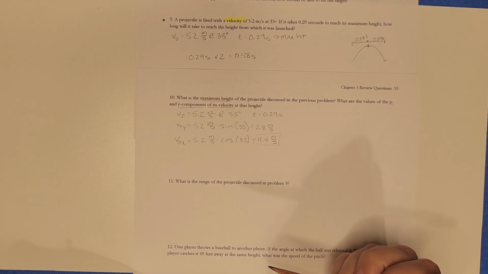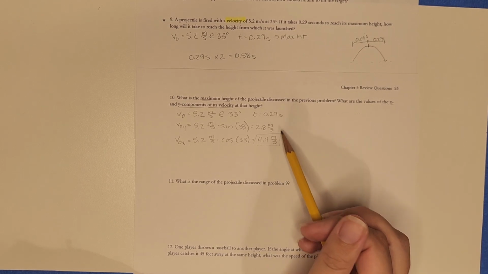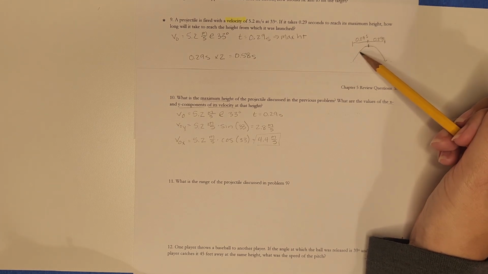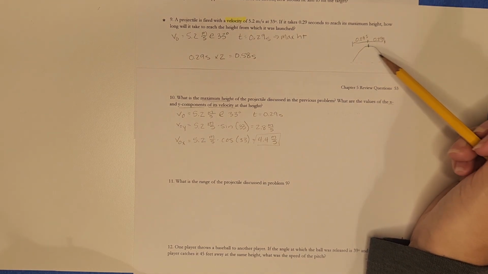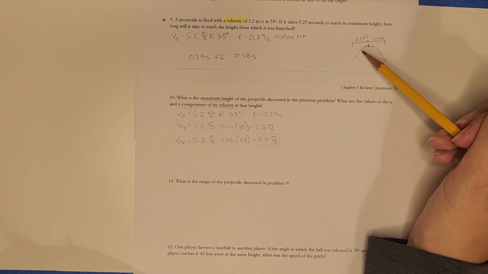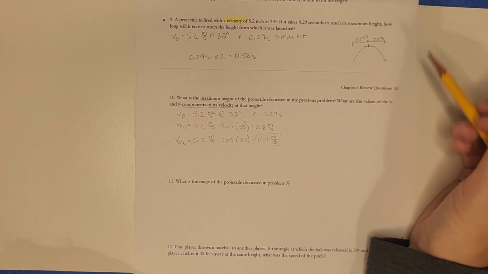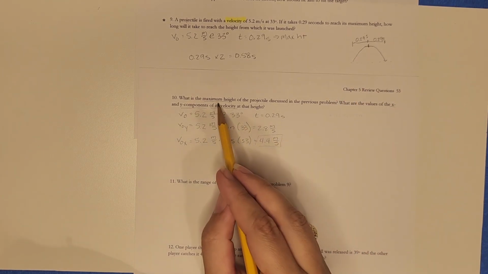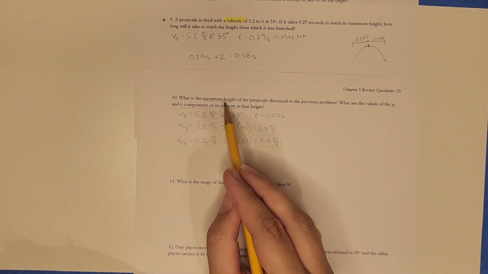We also know the y component, and we didn't need to use either of these to figure this out. And that's because we are at the top of this parabola at the maximum height. And so at this height, this is where the velocity is transitioning from positive to negative. And so the y component at this maximum height is going to be 0.